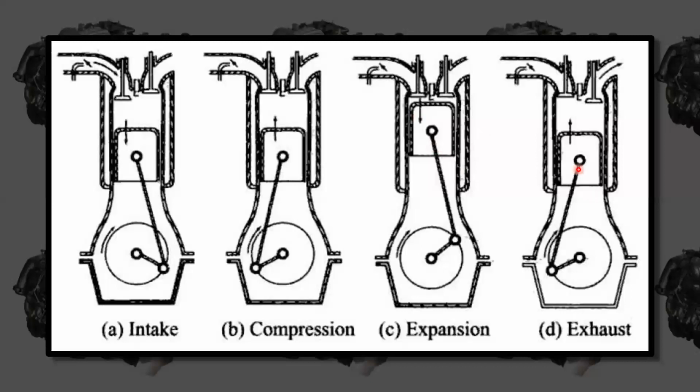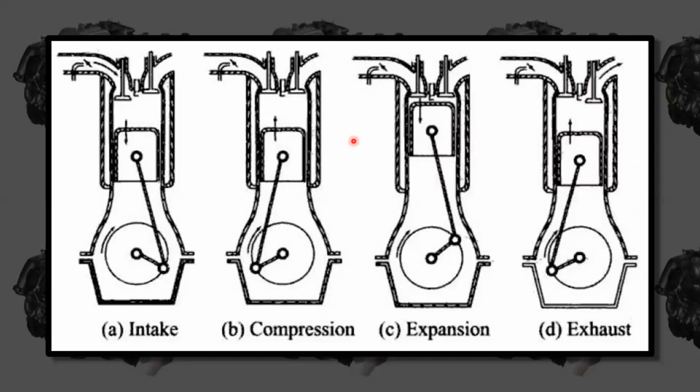And coming to the exhaust. Here there are already some combustion gases, and they should be let out. What happens in the exhaust is that the inlet valve is going to be closed, and now in the exhaust stroke the exhaust valve is going to open.